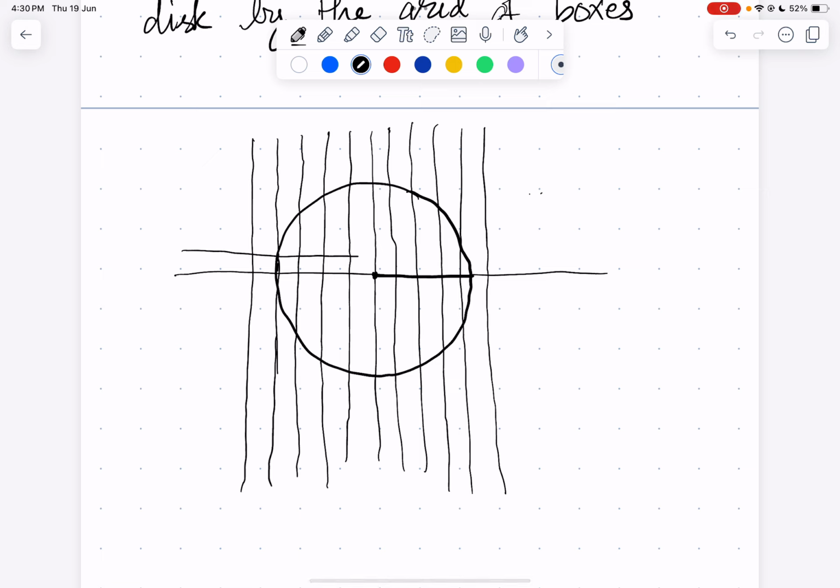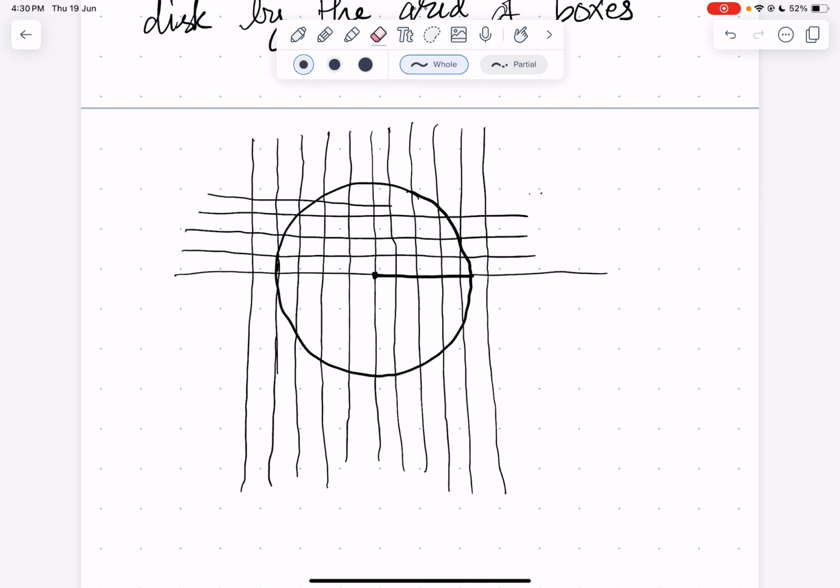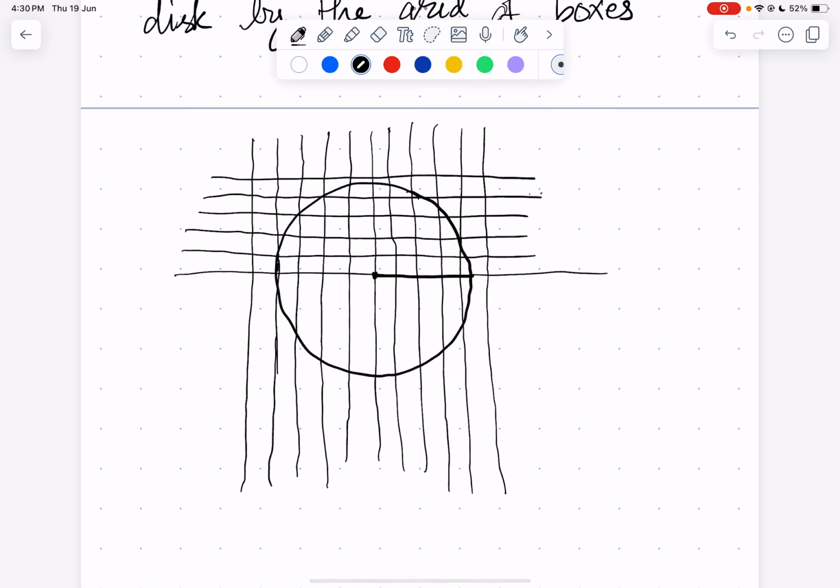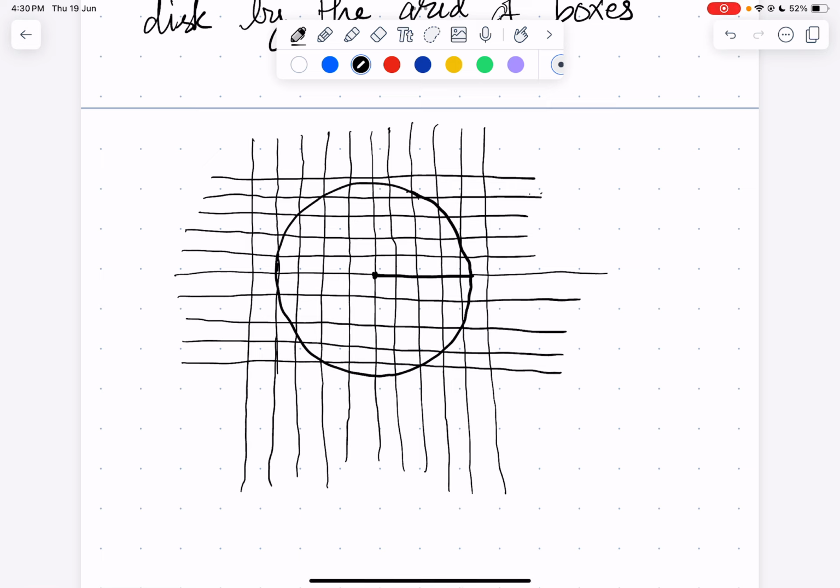So in this grid, each box has side length delta and the original disk has radius 1.